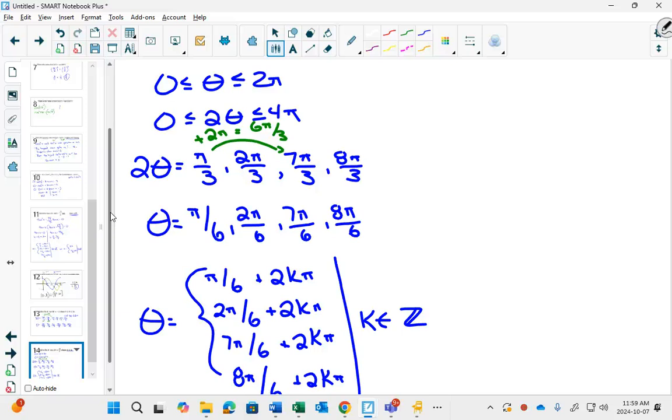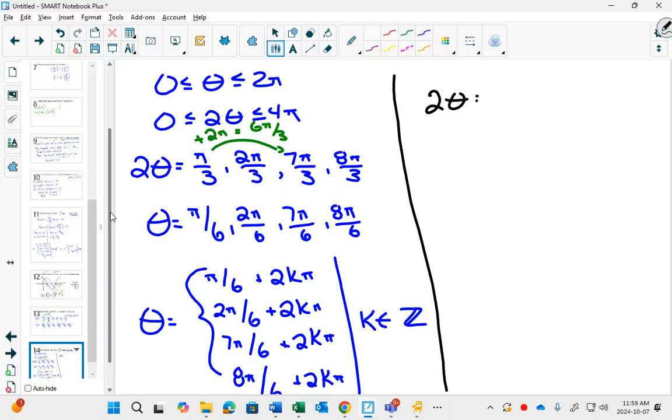Method number 2 makes your solution look a little bit more elegant. And in the answer key, I've included both types of solutions. So if you did multi-revolution first, it would look like this.